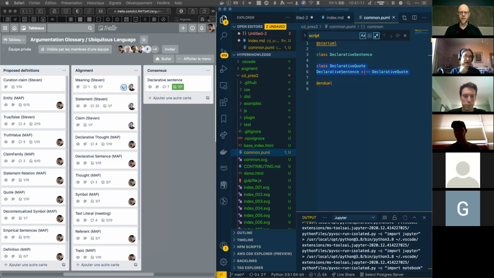I'm saying people will agree or disagree with a declarative topic, which is what is common to many declarative sentences that are agreed to have the same meaning by people agreeing on it. But they agree on it, I'm claiming, through the proxy of agreeing on representative declarative sentences, because the claim is only expressed through declarative sentences. The declarative topic is only expressed through declarative sentences. So the agreement, though, is with the underlying common meaning.